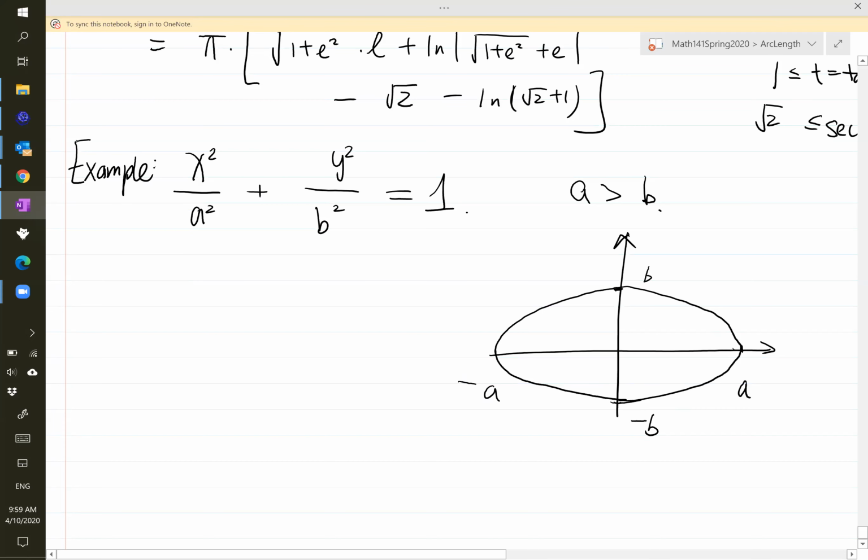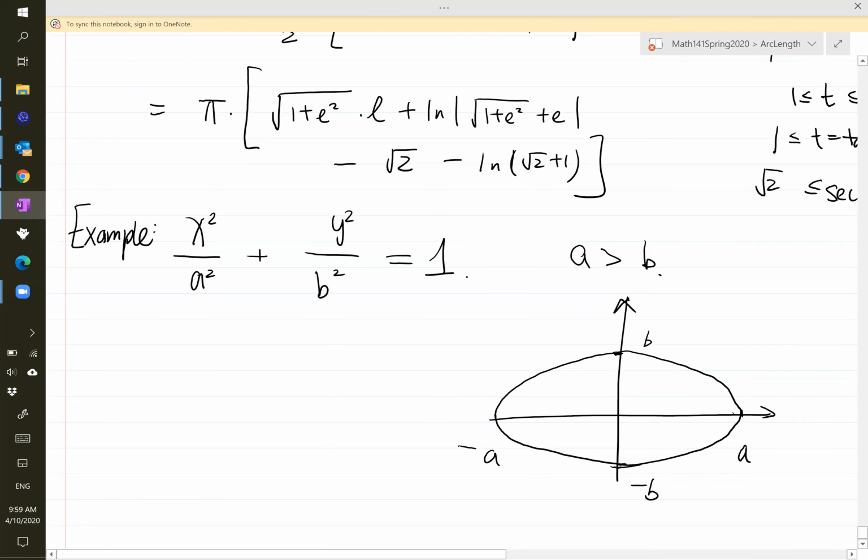Remember arc length. So this is twice the arc length, twice the integral from negative a to a of this thing, square root of 1 plus dy over dx squared. We integrate the arc length element.